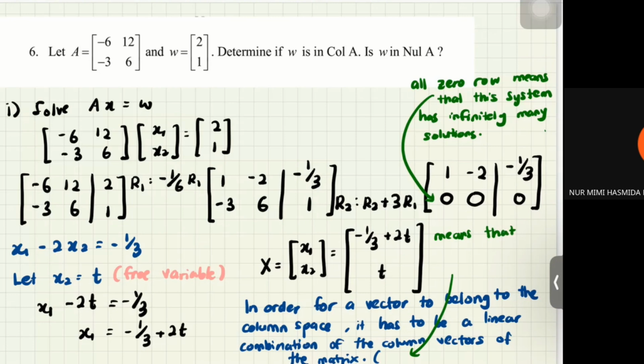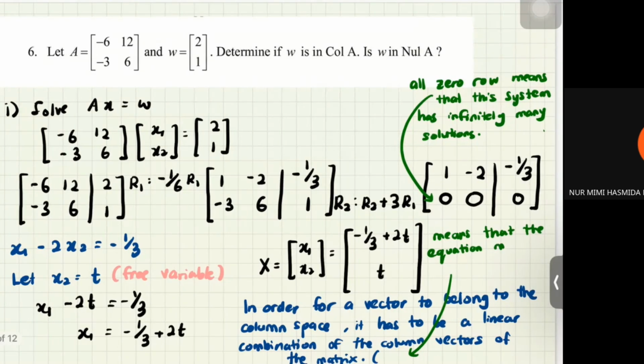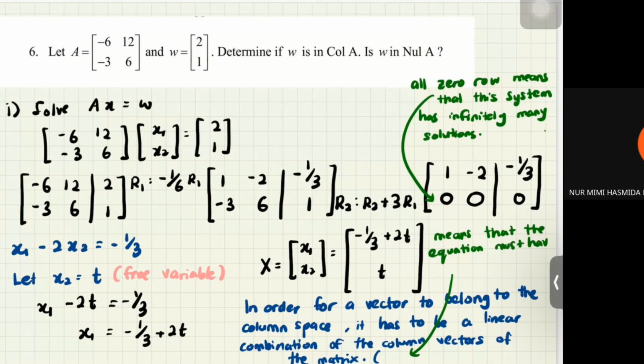It means that the equation must have at least one solution. Yes, W is in column A. Number 2, is W in null A?